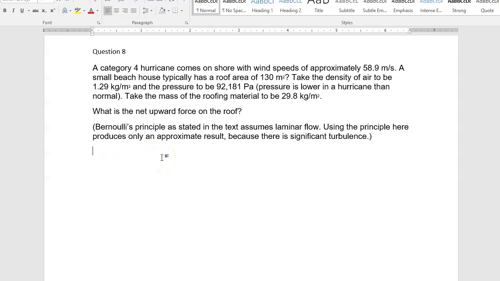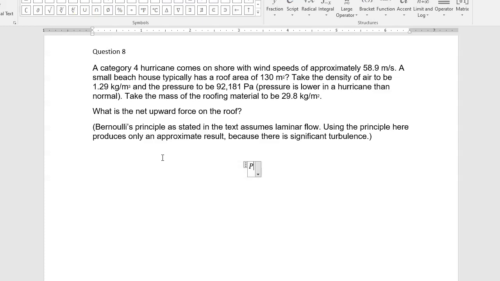The net upward force on the roof, we're going to use Bernoulli to get at this. So if we look at the Bernoulli equation, we're going to ignore height, because from the bottom of the roof to the top of the roof, the height difference doesn't really make any difference.